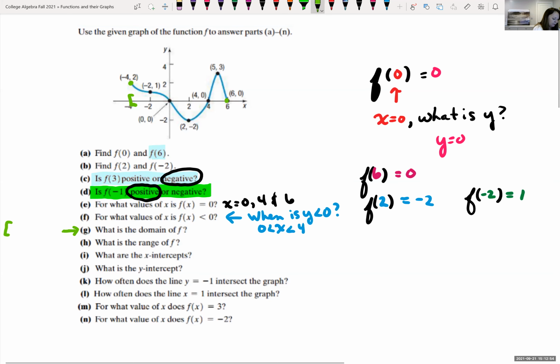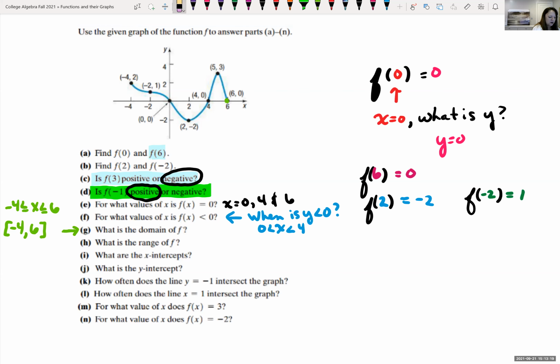I'm going to write it in interval notation. So -4, comma, and we're ending when x is 6. Again, it is a closed circle, so we're including it, so we're going to put a bracket there. You could have written this as -4 is less than or equal to x, is less than or equal to 6. They mean the same thing.